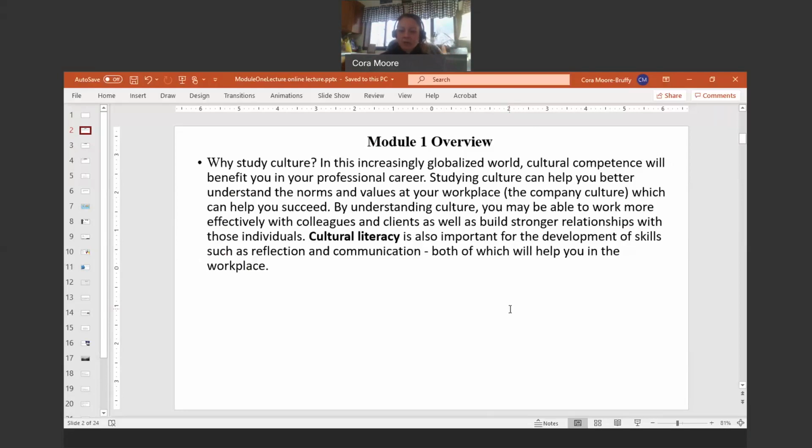And so it defines groups of people, but there are also subcultures within that larger culture. Like it says here in our overview, your workplace is a type of culture. Your family is a type of culture. Specific social groups and social organizations are all types of cultures.